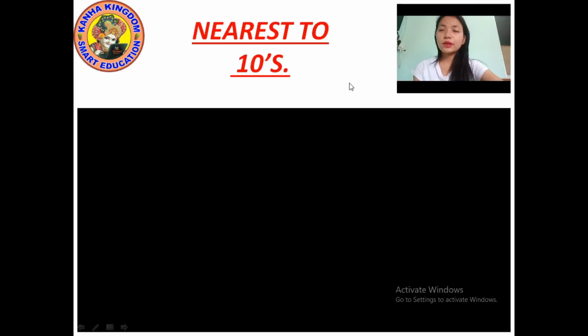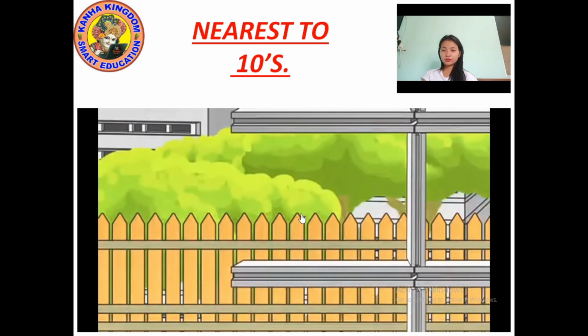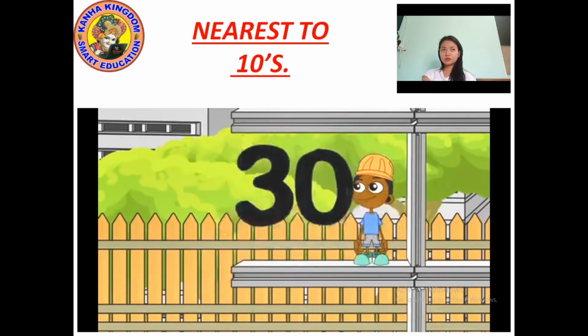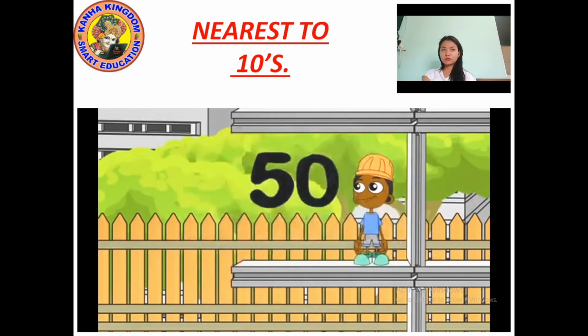Now we will see one video clip of rounding off numbers to the nearest tens. We use rounding when we want to estimate. Rounding gives us numbers that are easy to use, like 10, 20, 30, and so on.